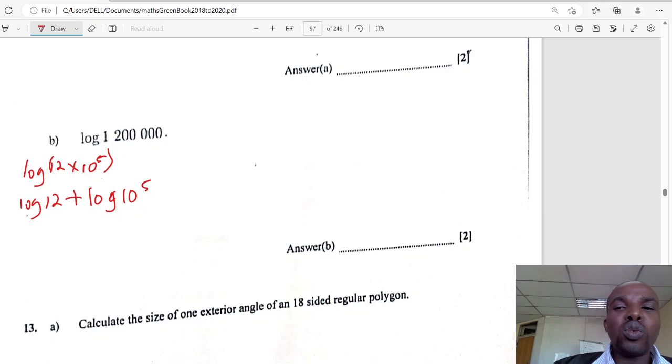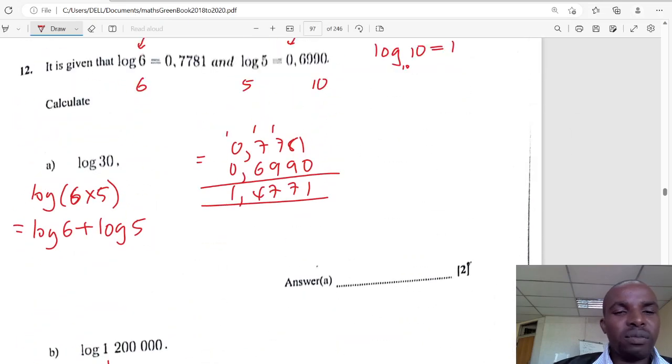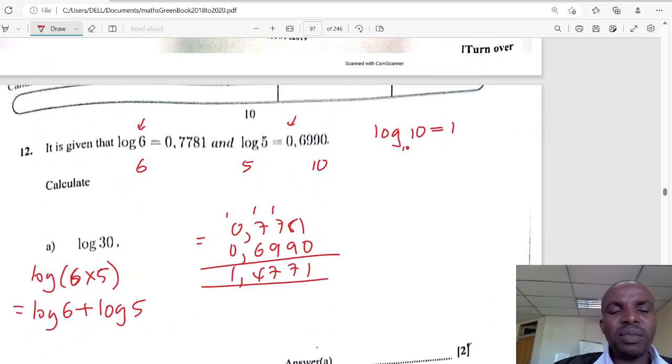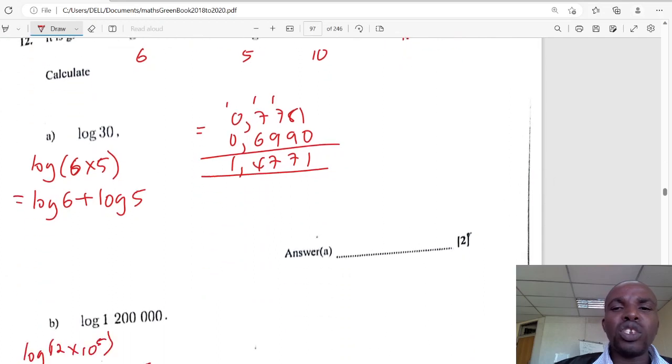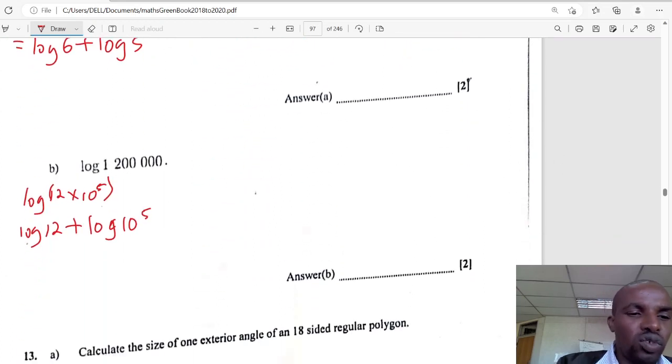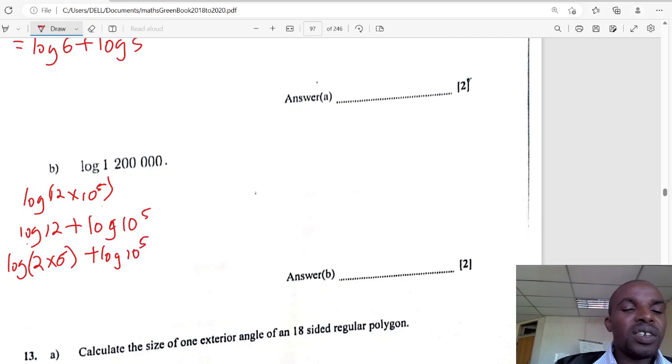Then log 12 is 2 times 6. But do we have 2? We don't have it, but you have to see what you have to do. So log 12, you have to break it again. So it's 2 times 6, plus log 10 to the power 5.